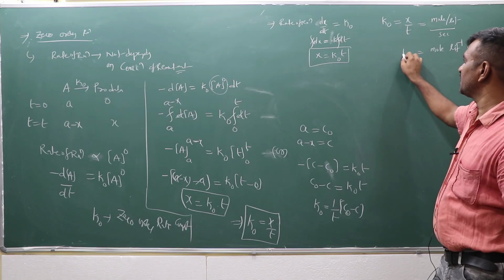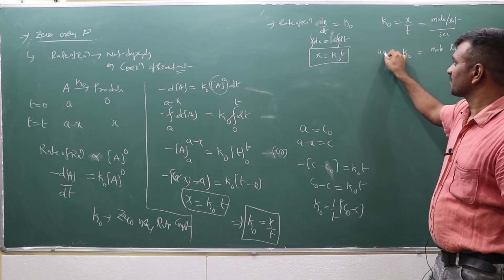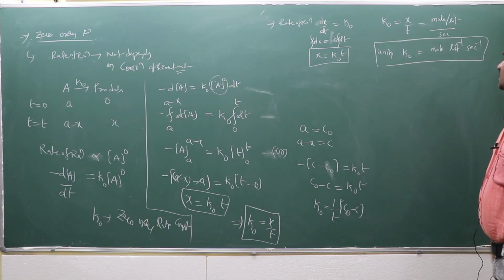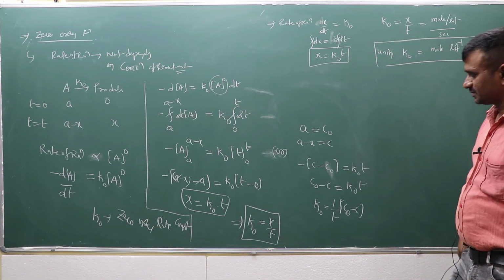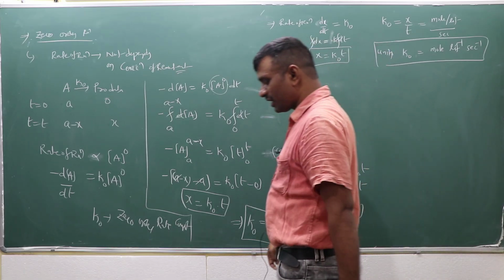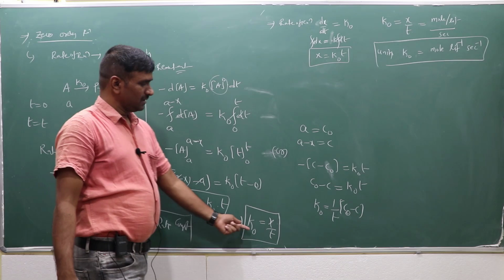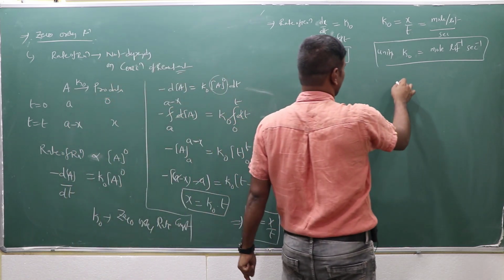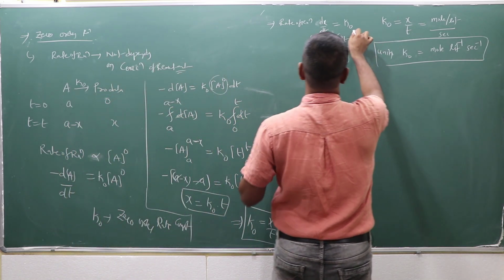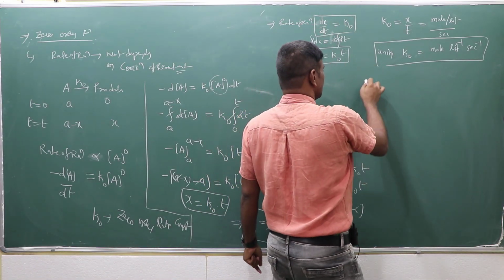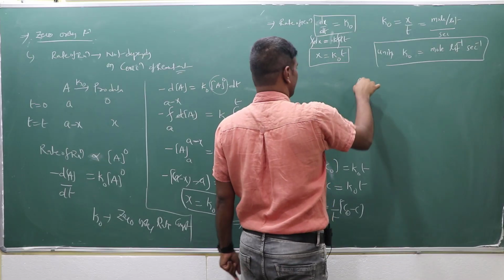These are the units of k naught: mole liter inverse second inverse. Right? And sometimes the plot of dx by dt versus time will be mentioned.